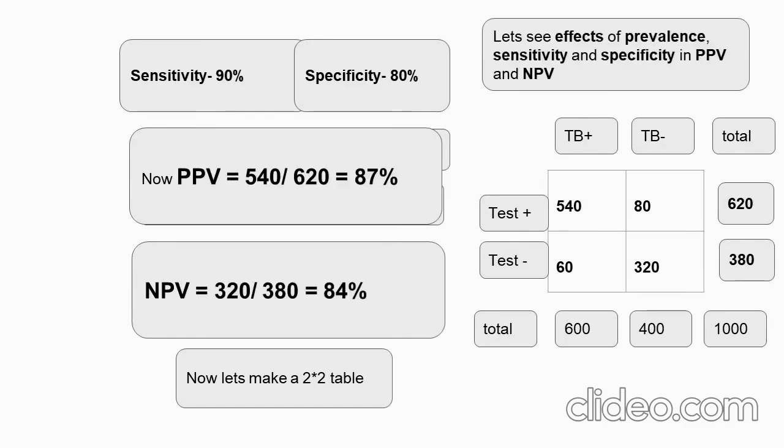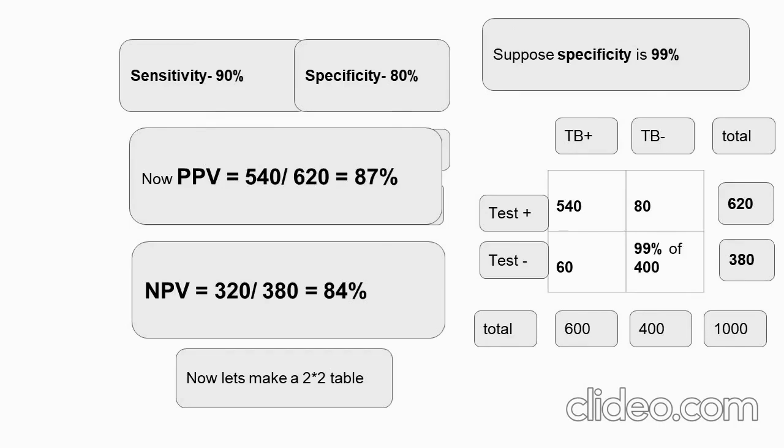Now let's see the effect of specificity. Suppose the specificity increases to 99%. Let's fill the 2-by-2 table with 90% sensitivity and 60% disease prevalence. You can see that NPV changes only little, while PPV now increases to 99% from 87%.